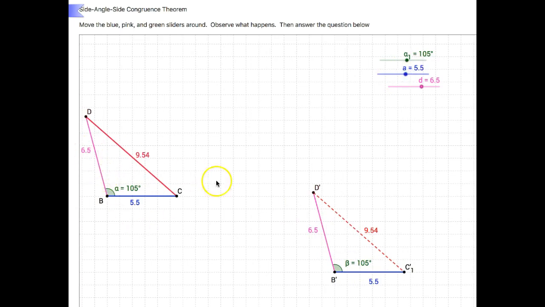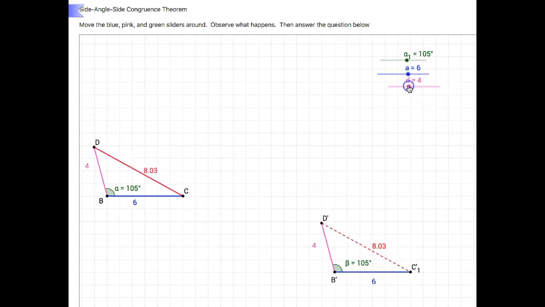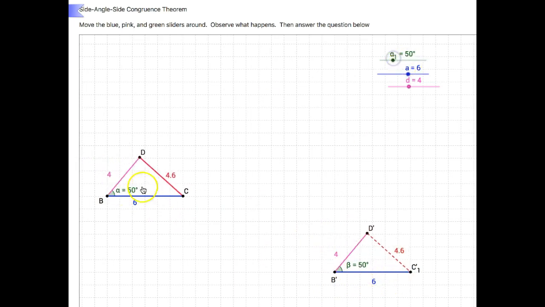So I have 6.5, 6.5, 105, 105, 5.5, 5.5, and I can change this, do whatever here. Let's make this 4. Here I have 4, 4, 6, 6, and the angle in between is 105, 105. You want a smaller angle? Let's change it to a smaller angle. I have 4, 4, 50, 50, 6, 6. I still have side, angle, side, and no matter how I arrange this, the triangles are still congruent to each other. Okay, so side, angle, side works.